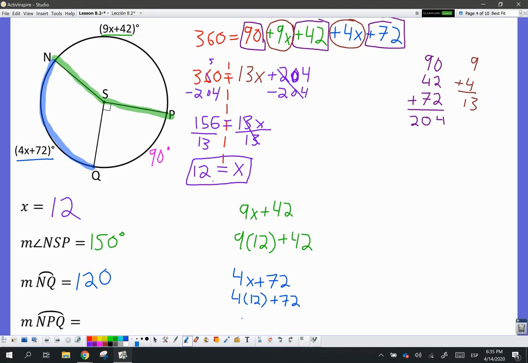The last one is asking us for the measure of arc NPQ. So now we know that this is going to be a major arc. So let's highlight that, and let's find out what its measure is. So I'm going to start with N, and I need to go to P, then to Q. So I go to N, P is over here, Q is over here, so I'm going this way.